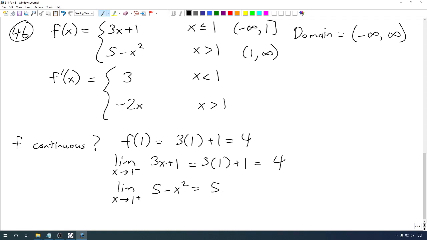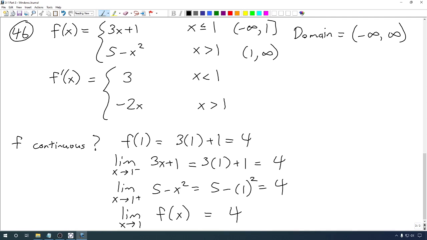We can find it by just plugging in x equals 1. And the fact that we did get a 4 here, 5 minus 1 equals 4, means that the function itself is actually continuous. The limit of this function at 1 is 4, which is the value of the function. Okay, so the function is continuous.